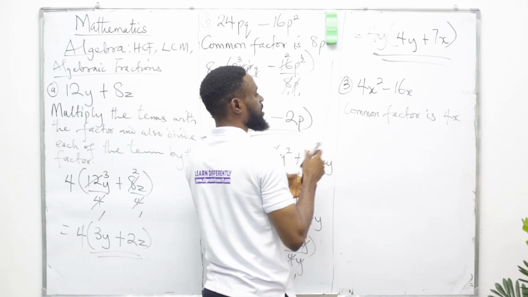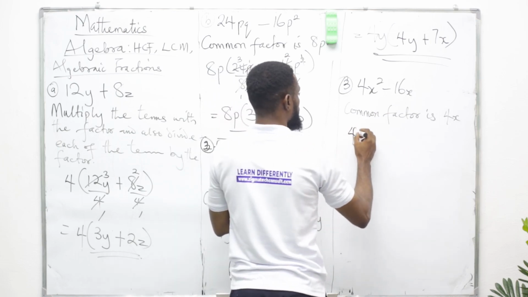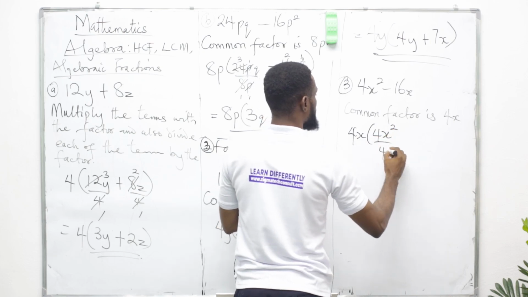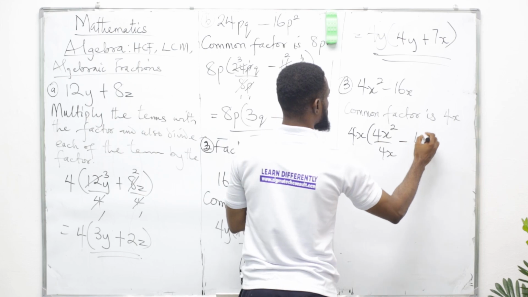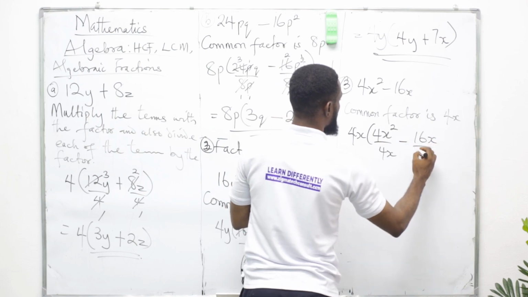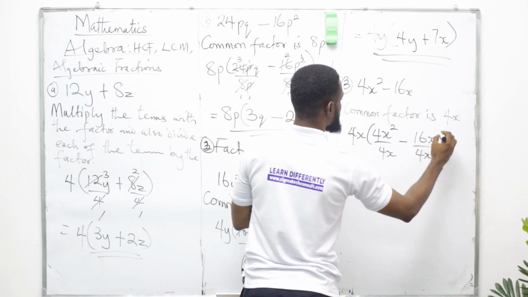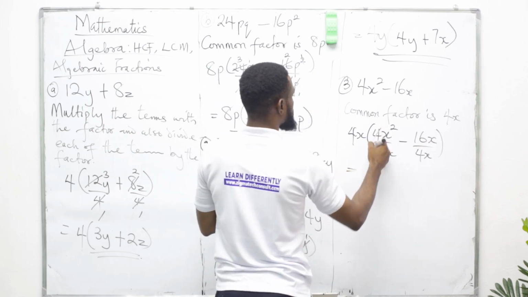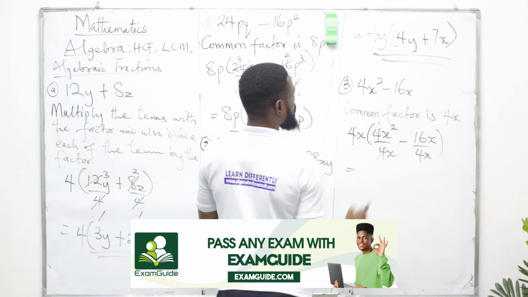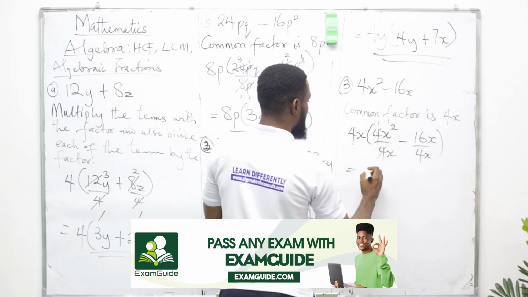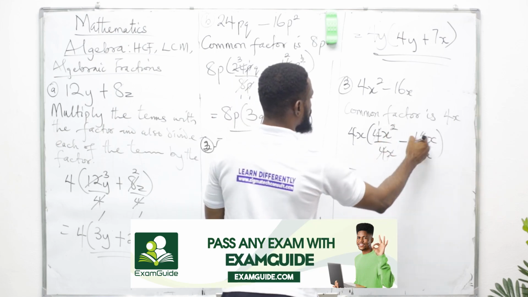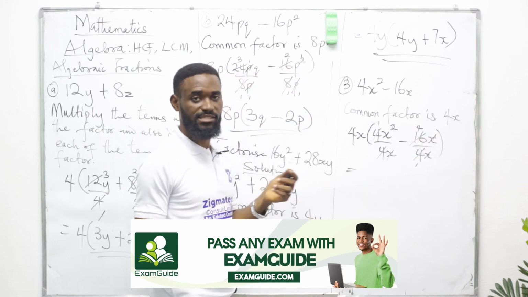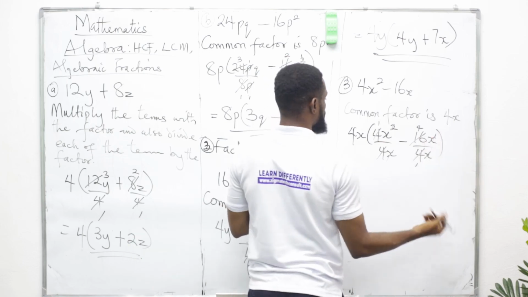So this will mean 4x into 4x squared over 4x minus 16x over 4x. You get that? So 4 into itself is 1, x cancels one of the x, so we have just one x left there. 4 here is 4, x divided by x is 1, 1 divided by 1 is 1.